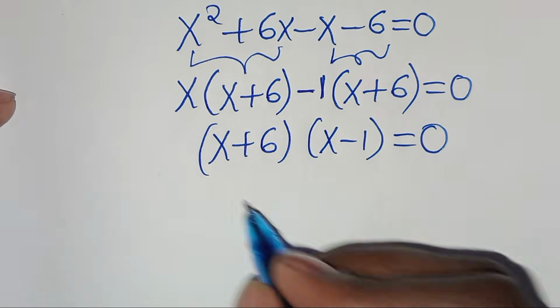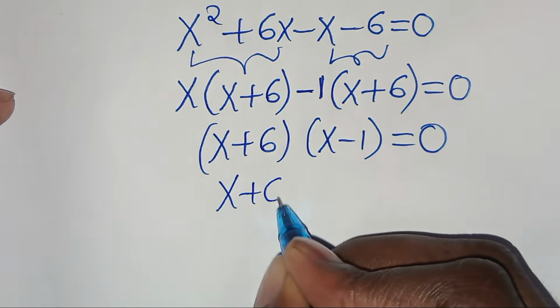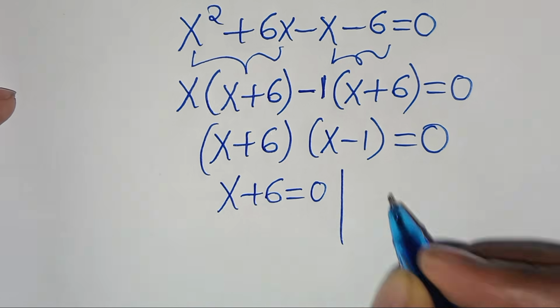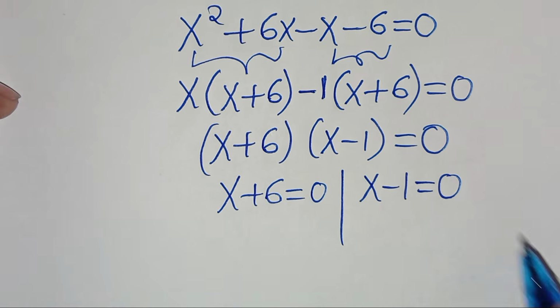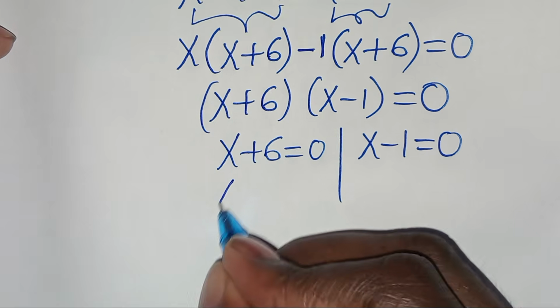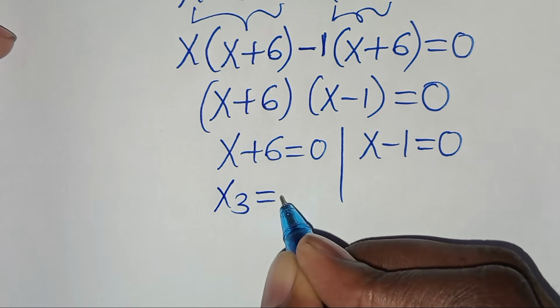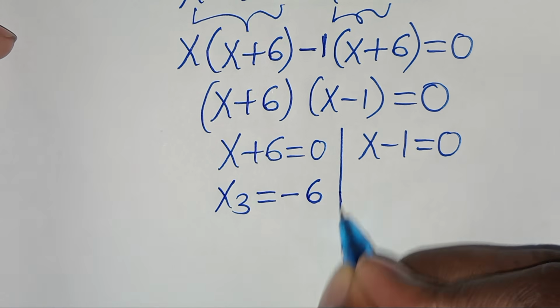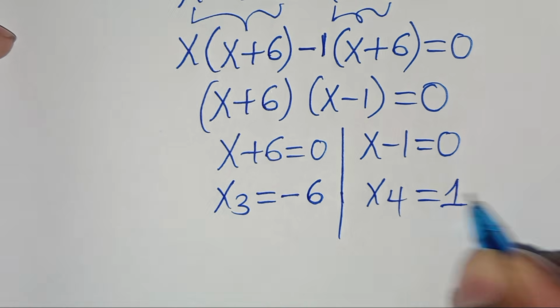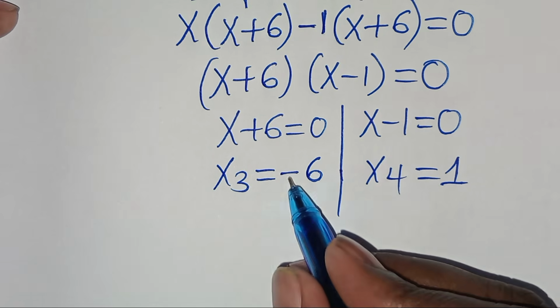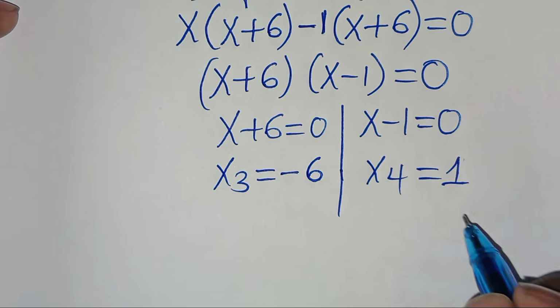Now we have got two parts here. This is x plus 6 equal to 0, and we have x subtract 1 equal to 0. So this implies that x3 is equal to negative 6, and we have x4 equal to 1. So we have x3 equal to negative 6, x4 equal to 1.